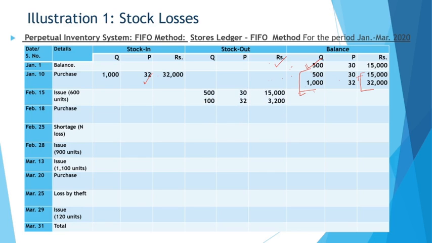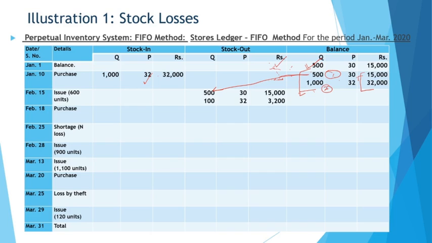Anyhow, now when you issue 600 units, then as per FIFO method, our first lot is of 500 units, so that will be utilized fully, and then the second lot will be used for the balance of 100 units. After this our balance will be: the first lot is fully over, it has been fully used in the issue, and in the balance we'll have the remaining 900 units left with us, isn't it?